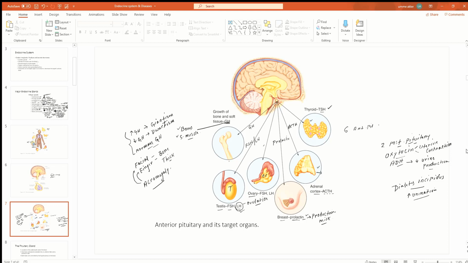Why does that happen? If the posterior pituitary is damaged due to a tumor, then the ADH hormone will not be produced enough, right? Makes sense? ADH reduces the production of urine. But if ADH is not released, then the production of urine will increase.